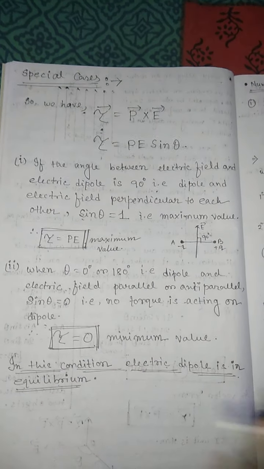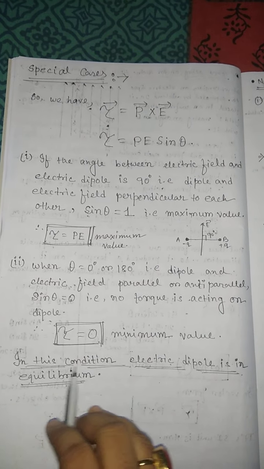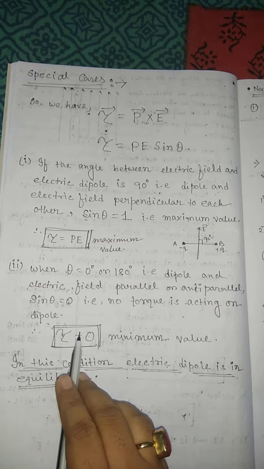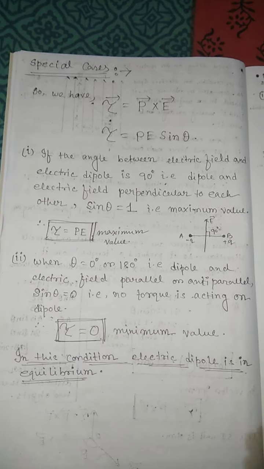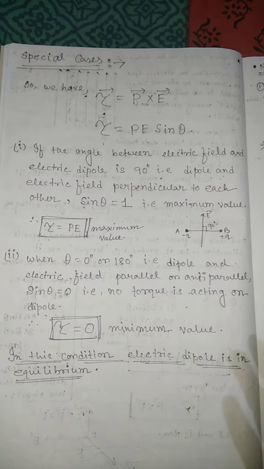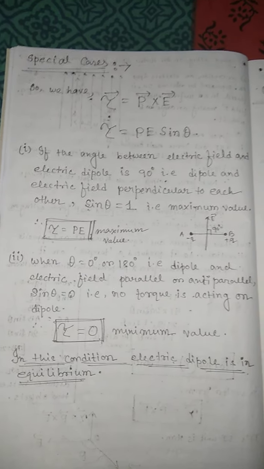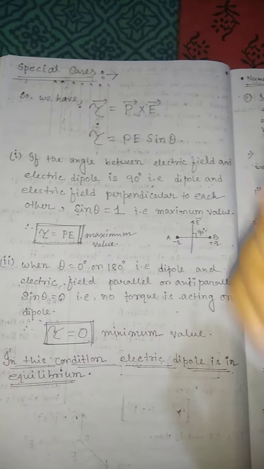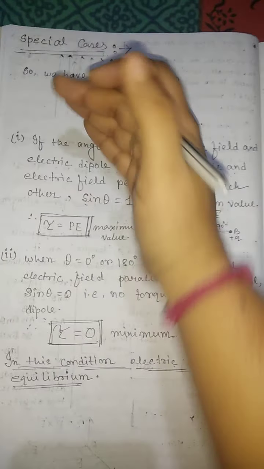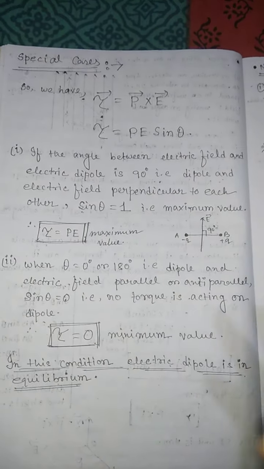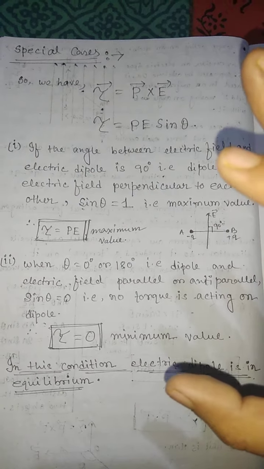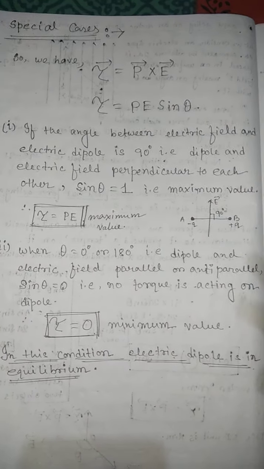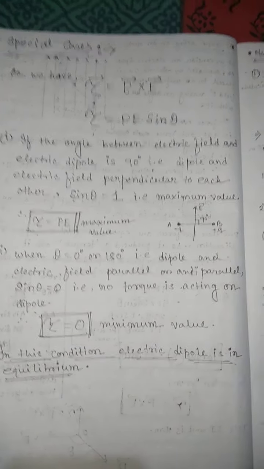This is the condition for the electric dipole to be in equilibrium, when no torque is applied on it. If torque is applied, one force tries to move one side and the other force the other side, and that is not equilibrium.